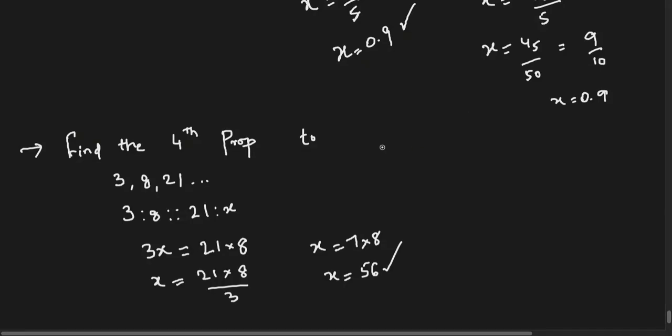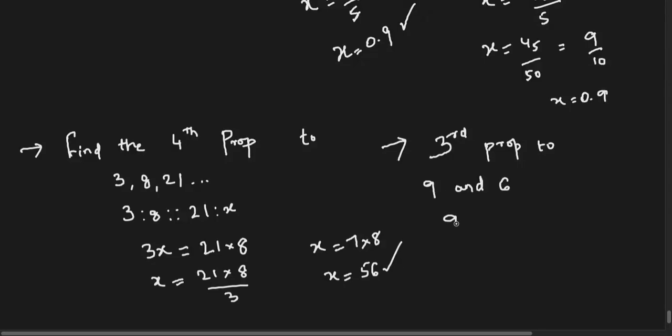Next problem, it says find the third proportional to. Okay, here I told you one thing. Whenever two terms are given and it is saying find the third proportional, it means you don't have to find the third proportional, you have to find the fourth proportional only, but 6 gets repeated.